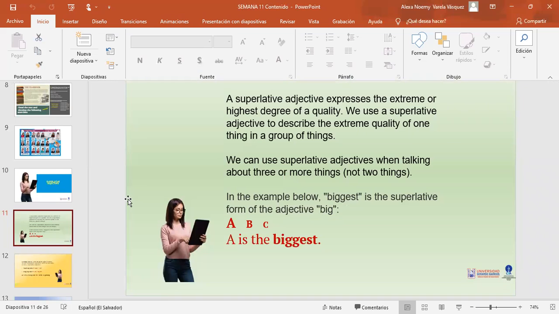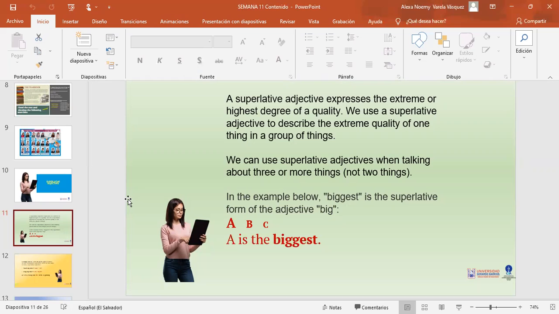We use a superlative adjective to describe the extreme quality of one thing in a group of things. In this case, with superlative adjectives, we are talking about 3 or more things, not 2 things. Two things is used with comparative adjectives, right?